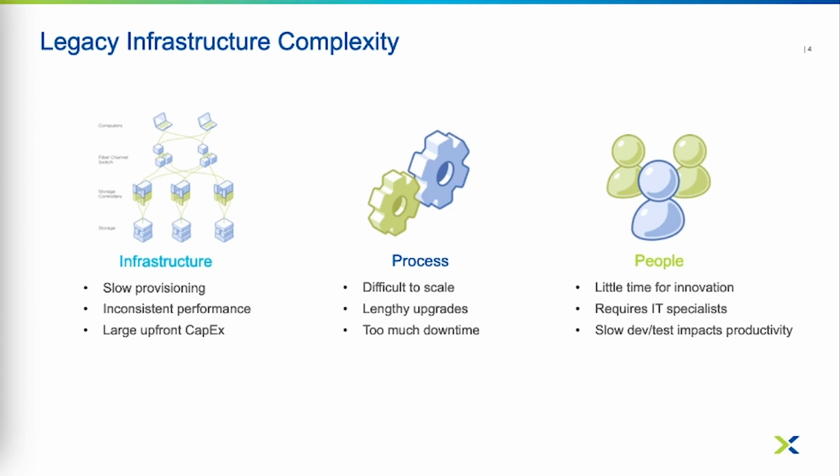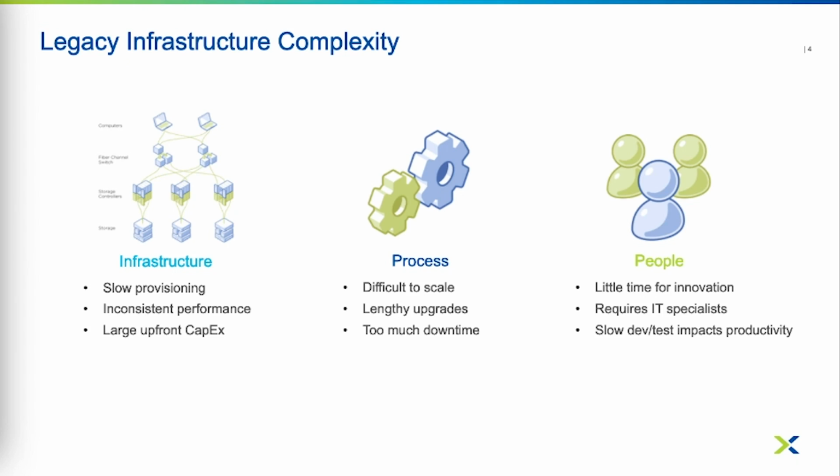So a couple of things that I'll talk about briefly on this particular slide are the problems with legacy infrastructure that affect the four things I talked about in the previous slide, from an infrastructure, process, and people perspective. Legacy infrastructure is generally separate SAN, separate compute, separate networking, and siloed infrastructure. All that leads to, especially from a database perspective, slow provisioning.